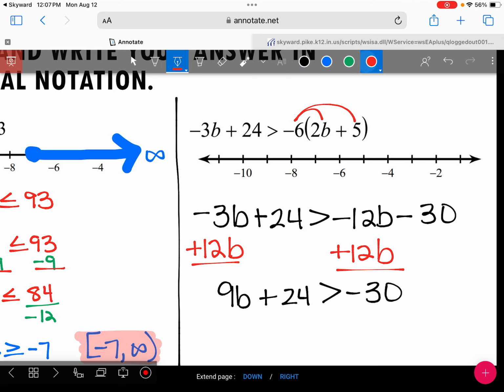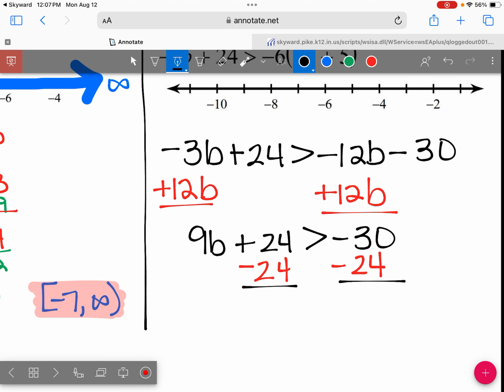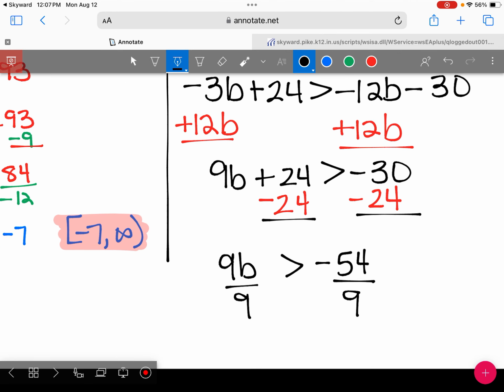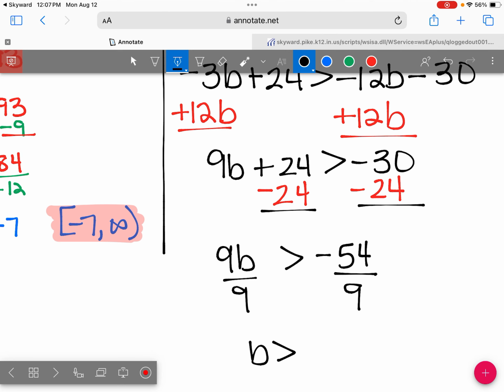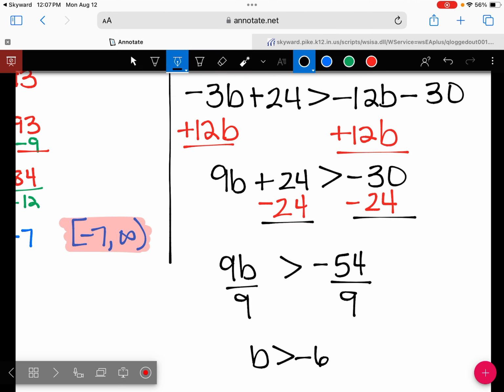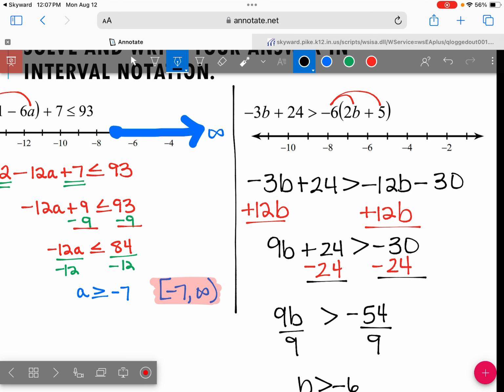And then I'm going to subtract the 24, which gives me 9b is greater than negative 54. And then when I divide by 9, I get that b is greater than negative 6. So on my number line, I have an open circle.